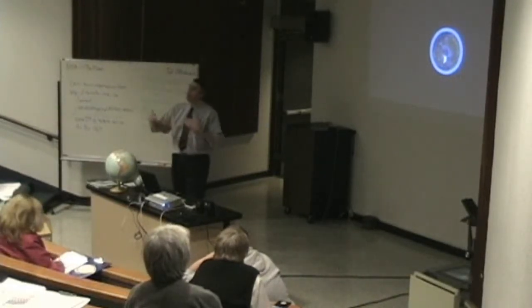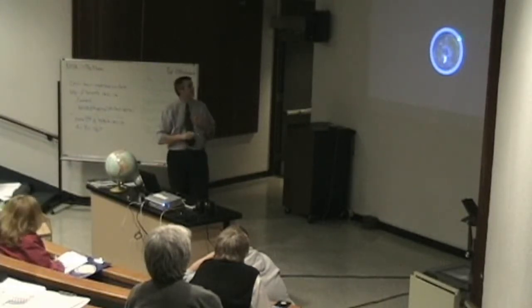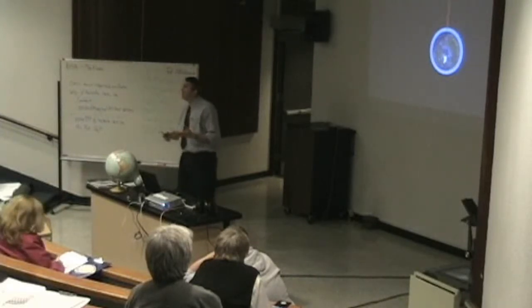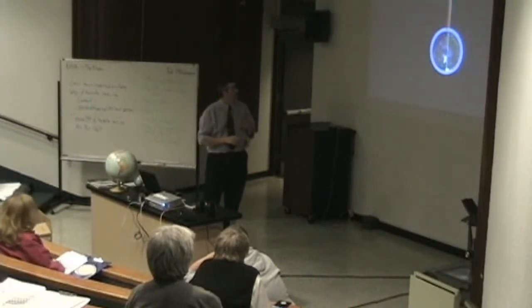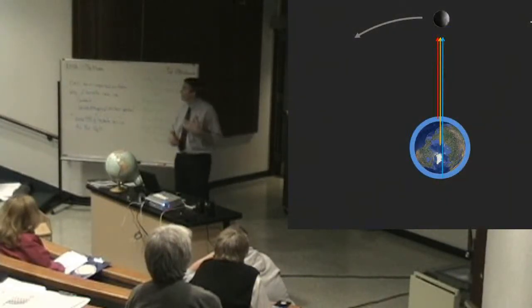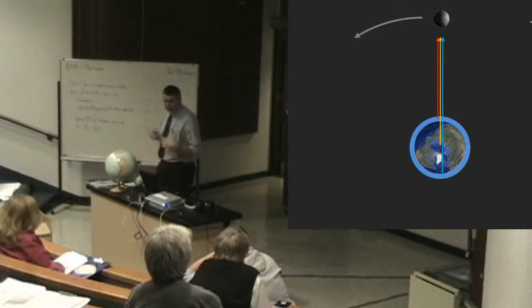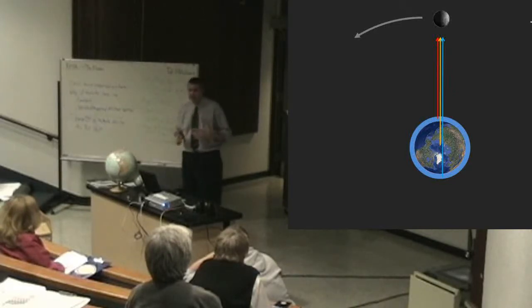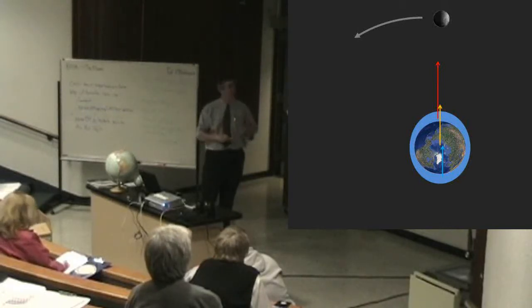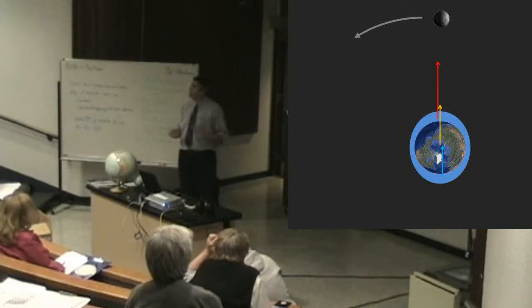And because the gravity changes with distance, the stuff on the close side feels a stronger pull than the Earth, and the stuff on the far side feels a weaker pull than the Earth. Okay? So if I use some little scale arrows here to represent that, the closest side to the moon experiences the greatest pull of gravity, the greatest tug. Then the far side experiences the weakest tug.